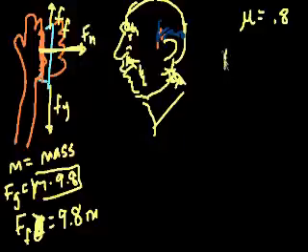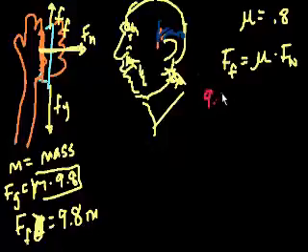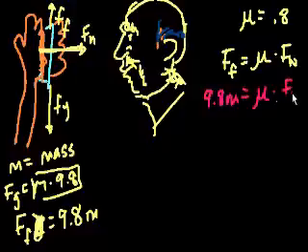And we know that the force of friction is equal to the coefficient of friction times the normal force. I'm going to switch colors because this is getting monotonous. The force of friction has to be 9.8 times the mass, and that has to equal the coefficient of friction times the normal force. Remember, the normal force is essentially the force that I'm pushing the pie with.